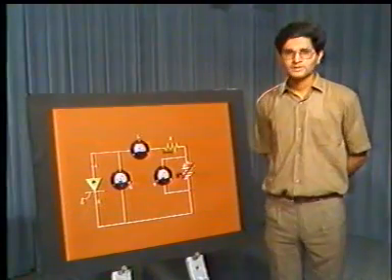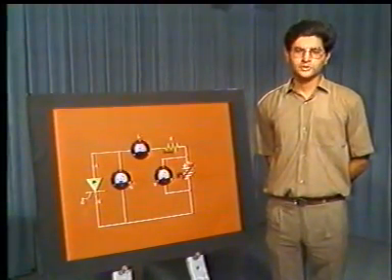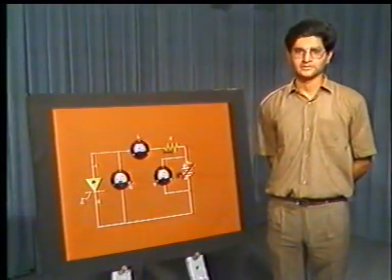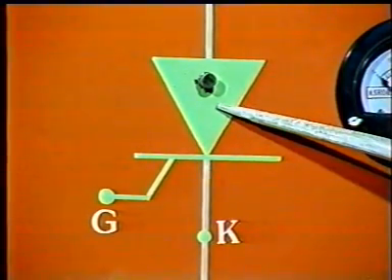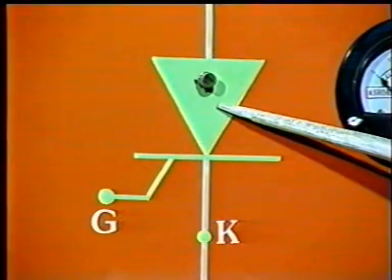Let us now actually perform the experiment to plot the VI characteristics of the SCR. This is the board that we would be using to measure the characteristics of the SCR. This is the SCR of which we would be measuring the characteristics.